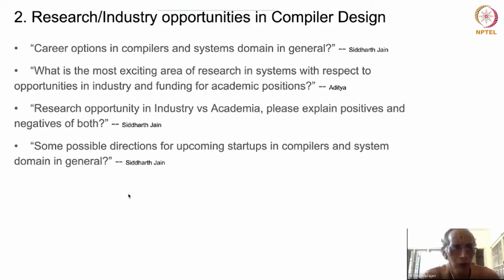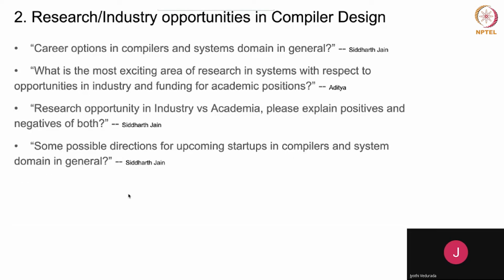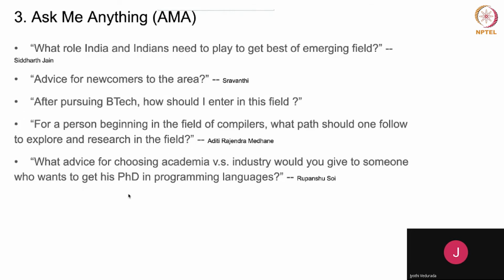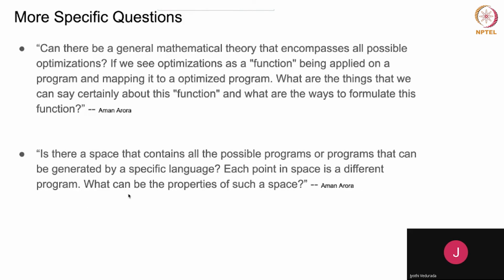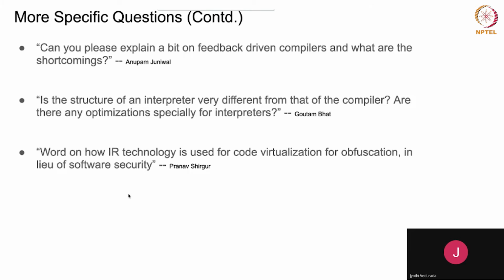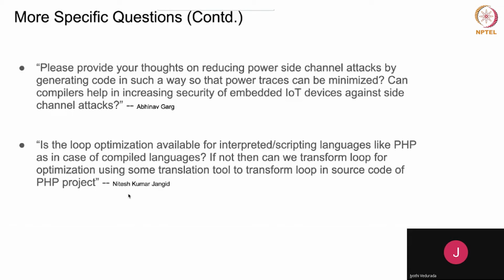Jyoti, how many more slides or questions do you have? Actually, in the second section, these are the 4 questions. Sir, this is about this one, and then ask me anything or general questions, 2 slides, and then these are more specific questions targeted to some actual topics they have learned during the session about optimizations and about the IR technology.